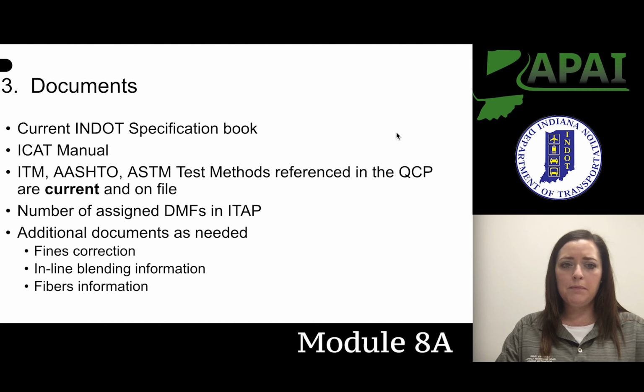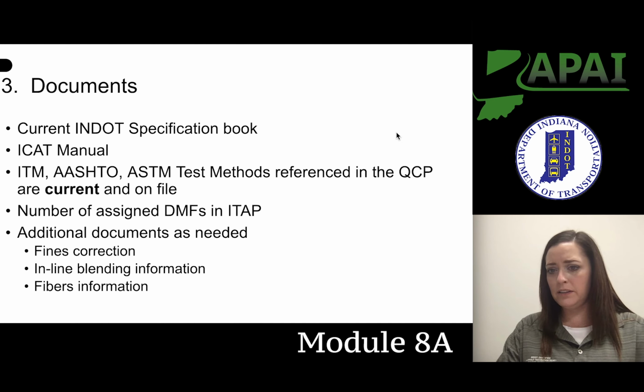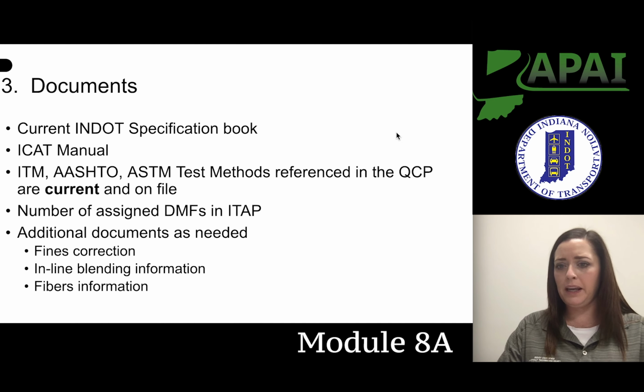Current ITM, AASHTO, and ASTM test methods that are all referenced and are current on file in the QCP. So for any test method that the producer says they're going to run in the quality control plan, it needs to be on file.